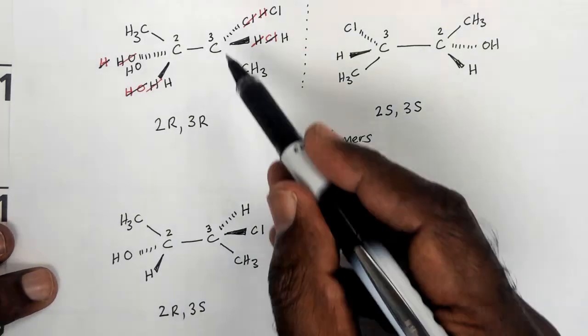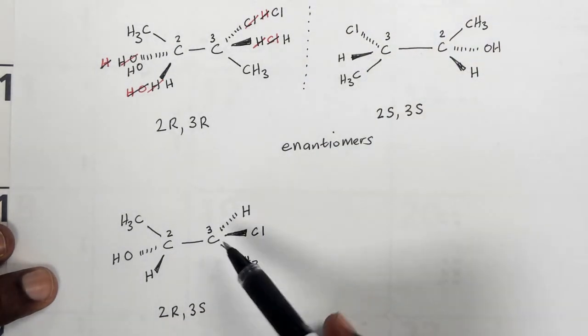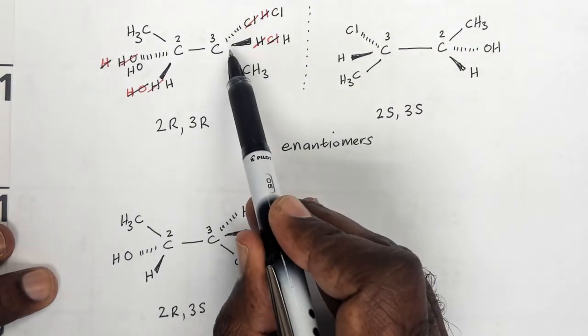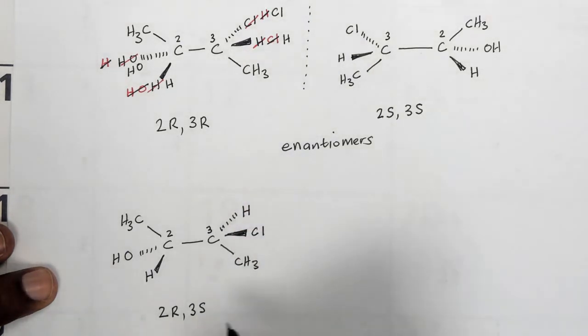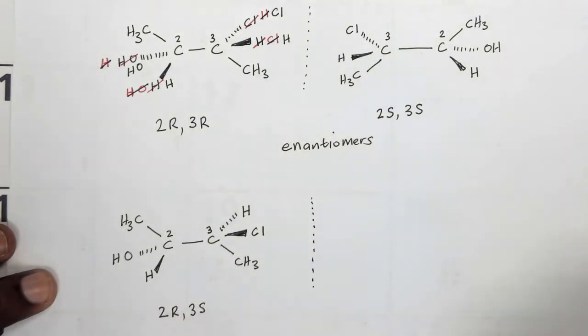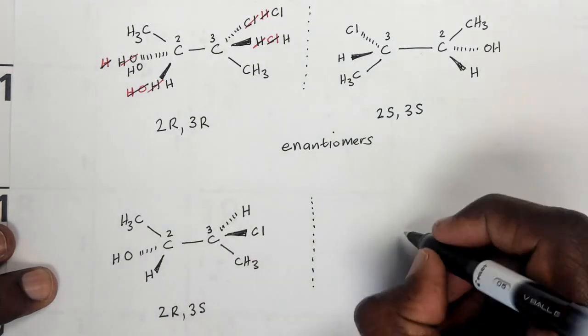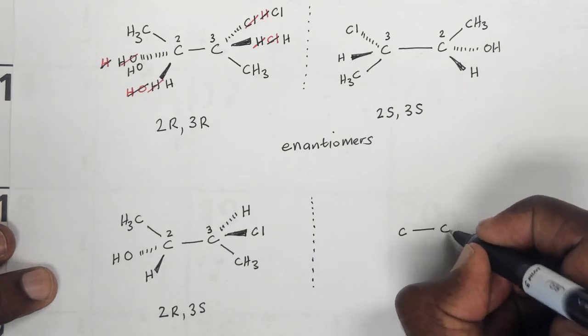So I've made another stereoisomer of this particular one. It's not an enantiomer because this is not a mirror image of that, but it is a stereoisomer of that. I'll tell you what it is just now, but before I do that, I'm going to take a mirror image of this new molecule that I just drew. I'll start off by drawing the backbone.